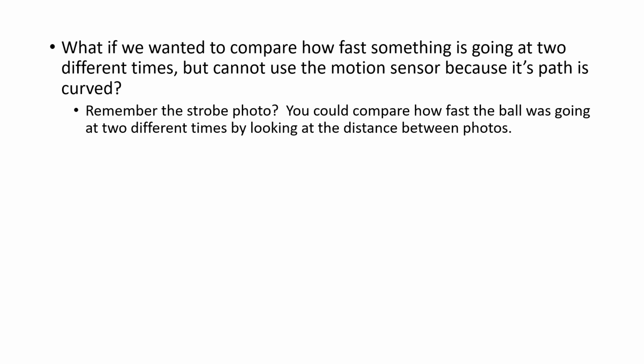That is kind of where we're going to go. You could compare how fast the ball was going at 2 different times by looking at the distance between the photos. So if the photos had bigger distance between the balls, then you know that it was going faster. If they were closer together, you know that it was going slower.